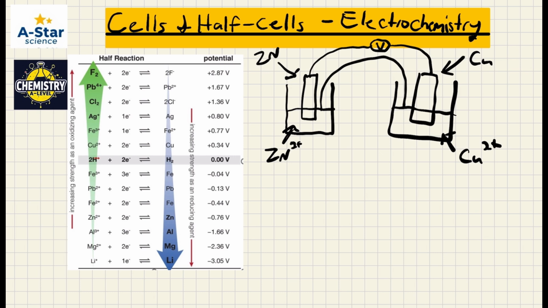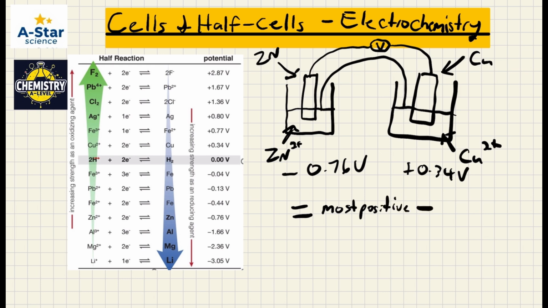So if we look on our chart, we can see that for zinc, the standard electrode potential is minus 0.76 volts, and the copper is plus 0.34 volts. You determine the final voltage by doing the most positive minus the most negative.